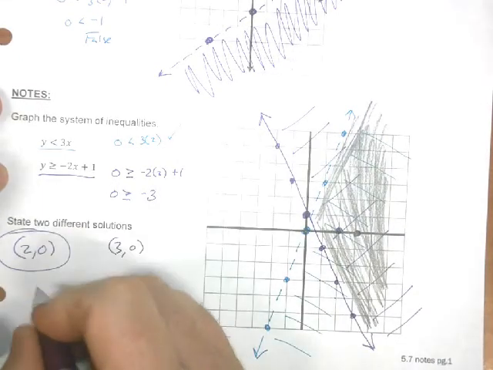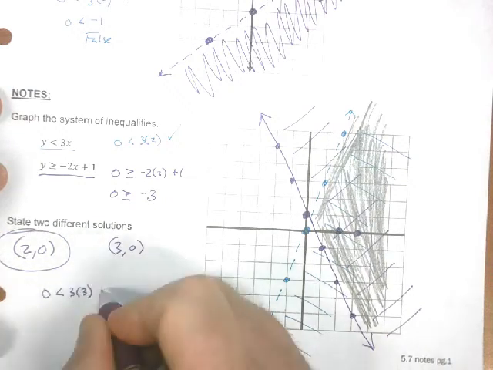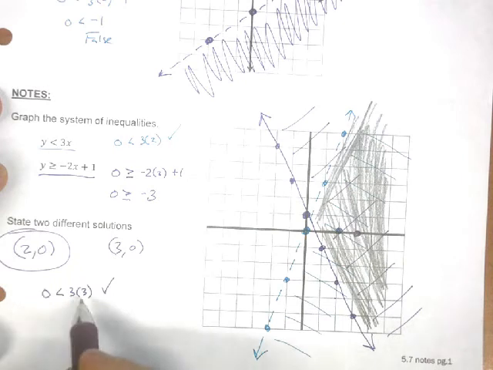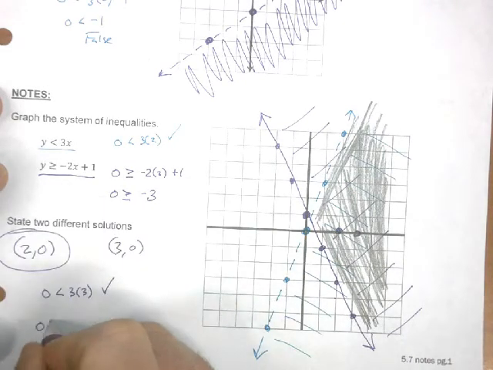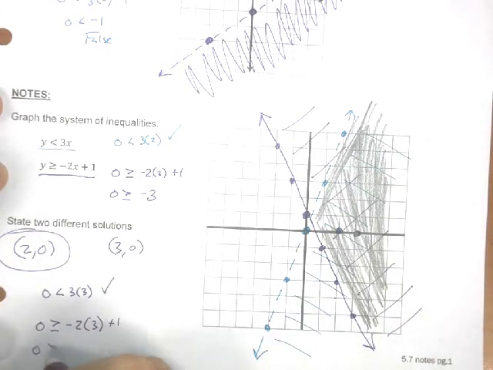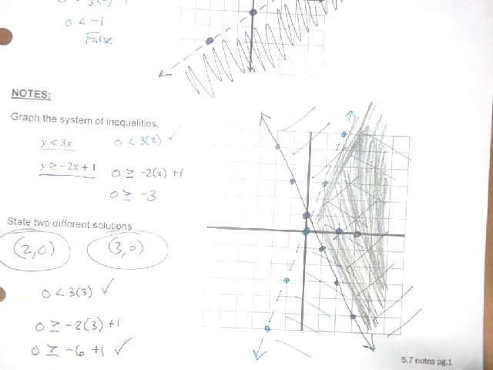So I'm going to test (3, 0) down here. So plugging it in, 0 is greater than 3 times 3. And yes, that's true because 0 is less than 9. So that's true. And then the other one, 0 has to be greater than or equal to that times 3 plus 1. And 0 is greater than or equal to -6 plus 1, which is -5, and that is true as well.